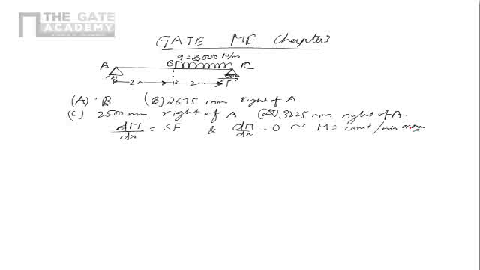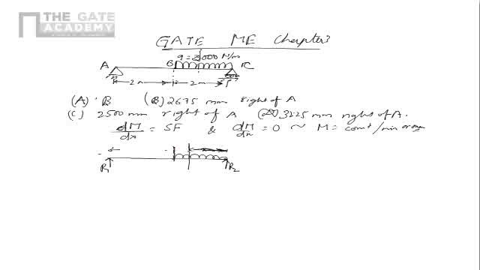Let's say that we take a section here at this location. We take the beam again here, and the beam is like this. We take a section here which is at a distance of x, but because we are taking from the right, instead of taking from A, I'll take the span from here.